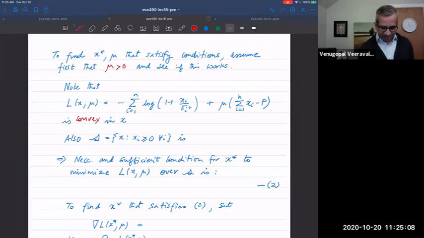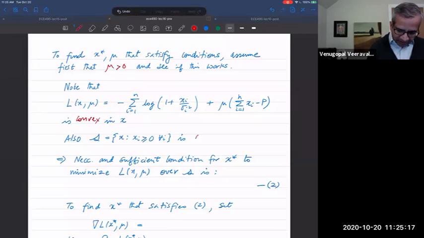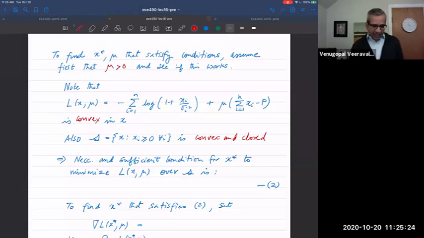We proved that in lecture 3 or something like that. We also already saw that the set S is closed and convex. So this is a nice problem: we have a convex function over a closed and convex set.